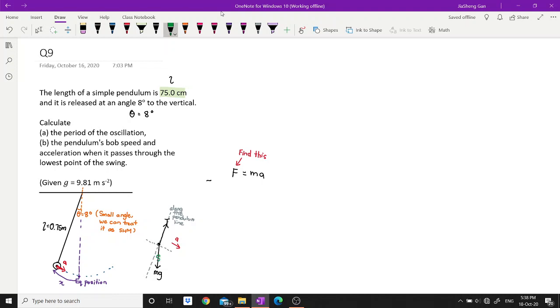So if you resolve the weight, you have two components. The first component will be the one that is opposite the direction of tension. That will be mg cos theta.